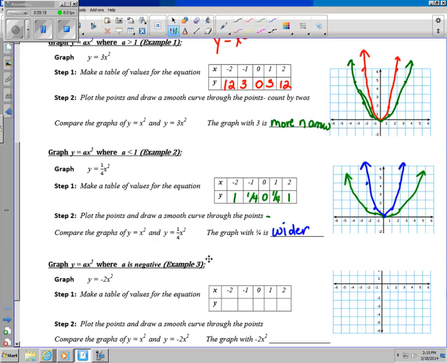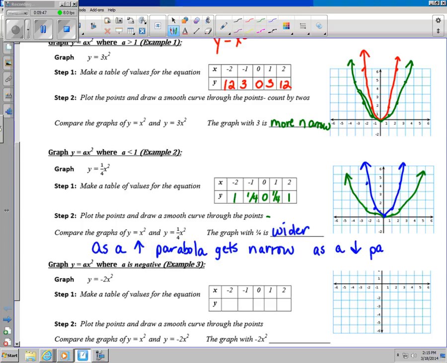Okay, so as a increases, your parabola gets more narrow. Okay, the parabola gets more narrow. And as a decreases, as a gets smaller, it gets wider.